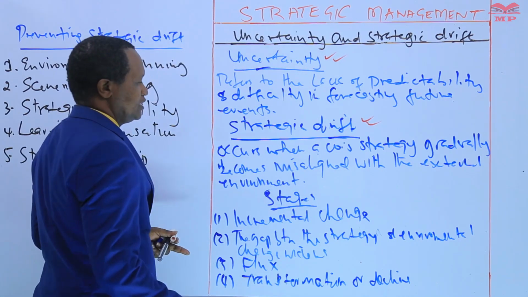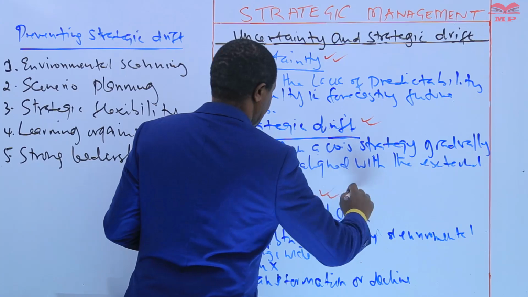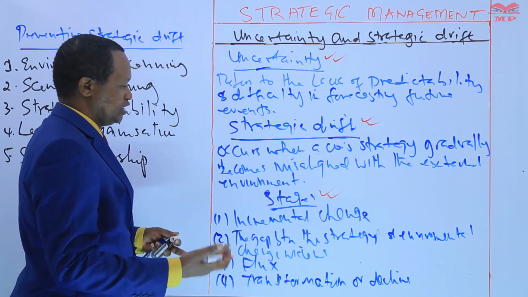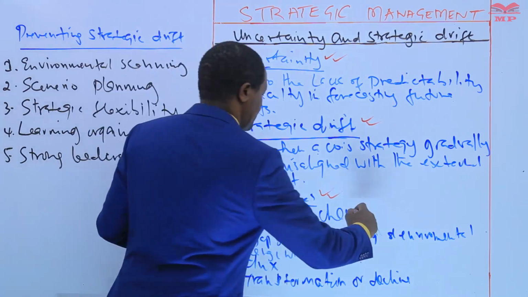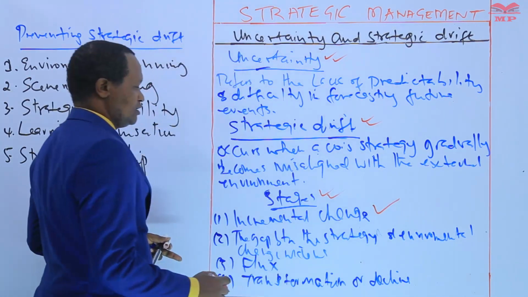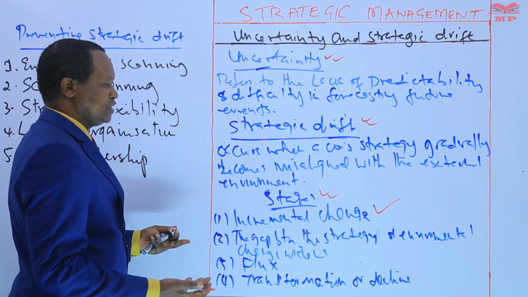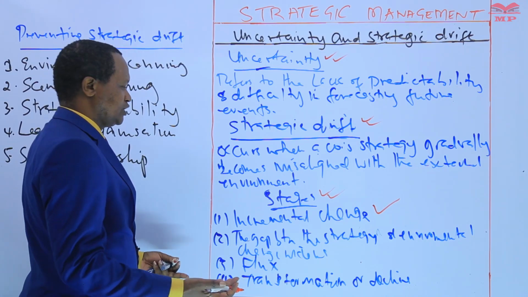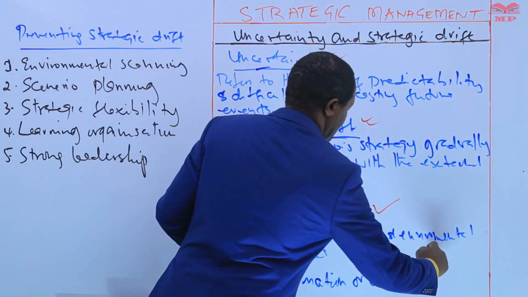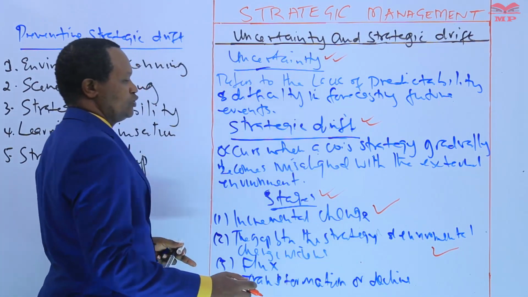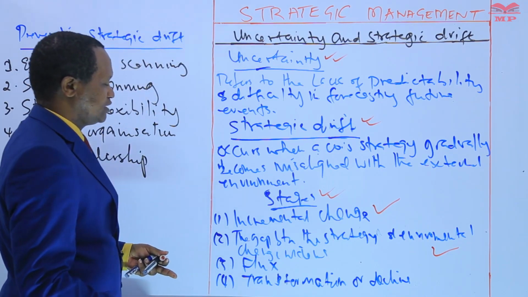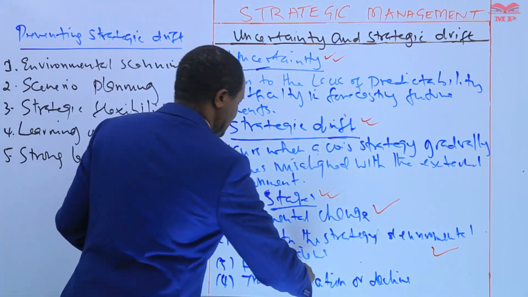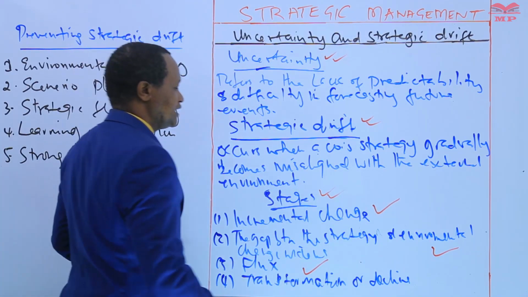We've gone ahead to identify and summarize the stages in strategic drift. You've seen what happens. There is, first of all, incremental changes. Then there is that gap between the strategy and the incremental changes, being unable to adjust or align with the changes in the external environment, which then leads to flux and decline.